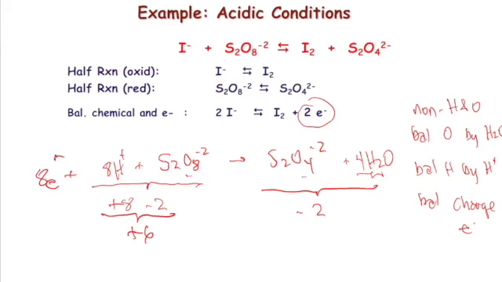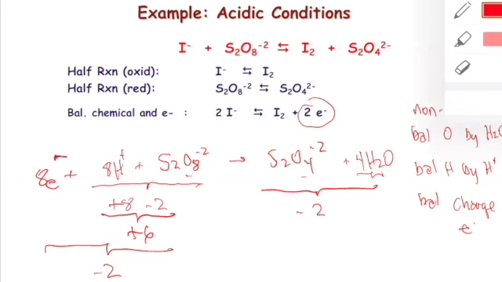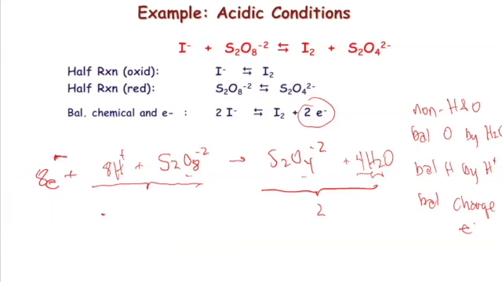By adding 8 electrons on the left side, the 8 electrons and the positive 6 now makes this whole thing negative 2. And a negative 2 and a negative 2 is balanced. Let me clean this up for you so that you guys can see this. I'm going to erase this and erase that.